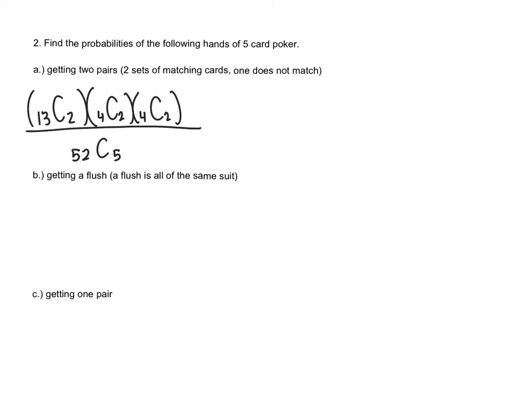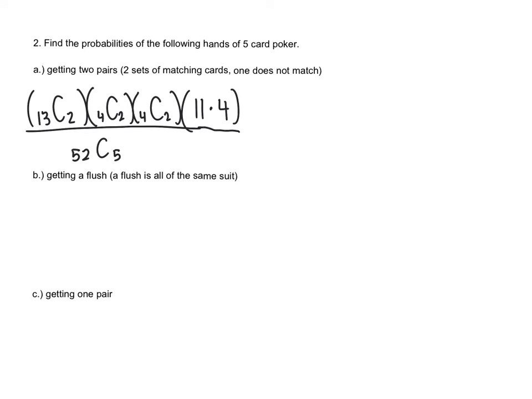So now we need a 5th card, and this 5th card cannot match either of our 2 pairs. So instead of 13 cards to draw from in our deck, we only have 11, because 2 of those are in our pair. So 11 choose 1 is just 11. And then it can be from any 4 suits, which is 4 choose 1, which is just 4.